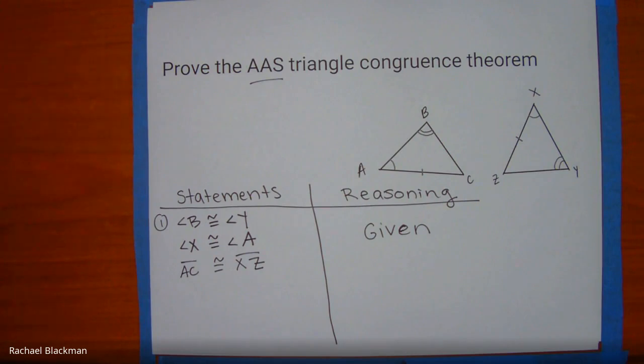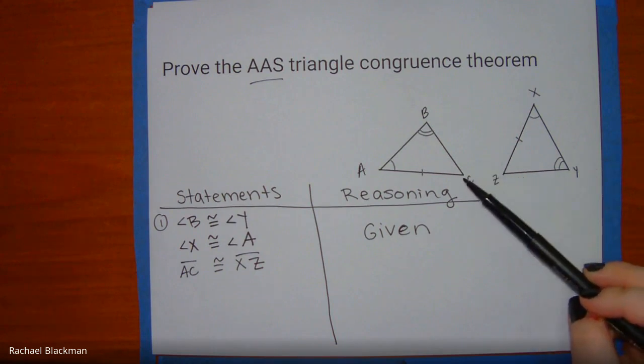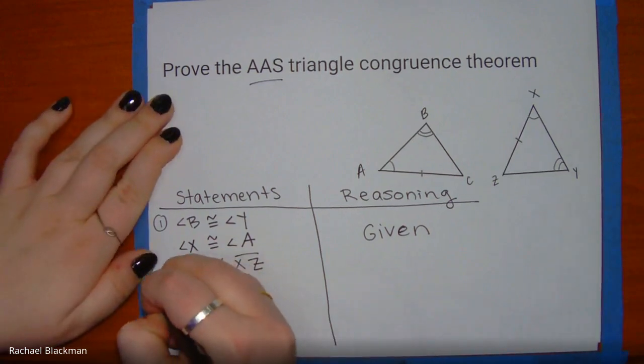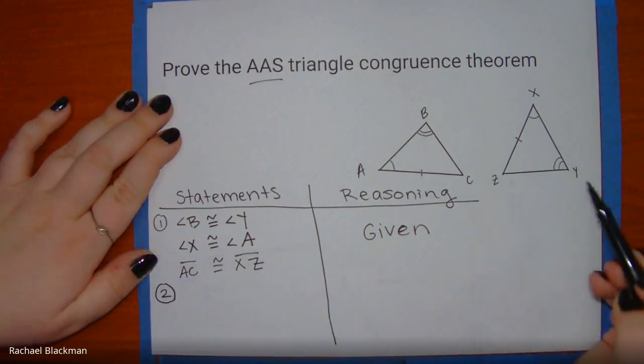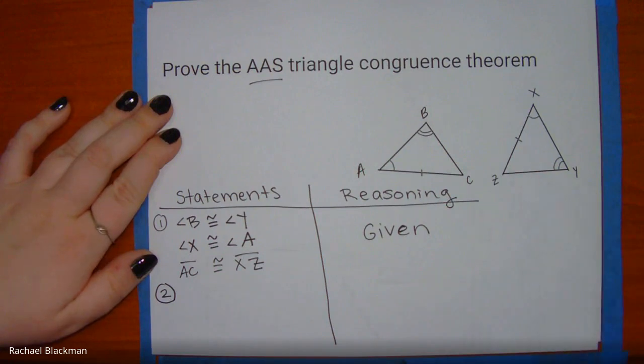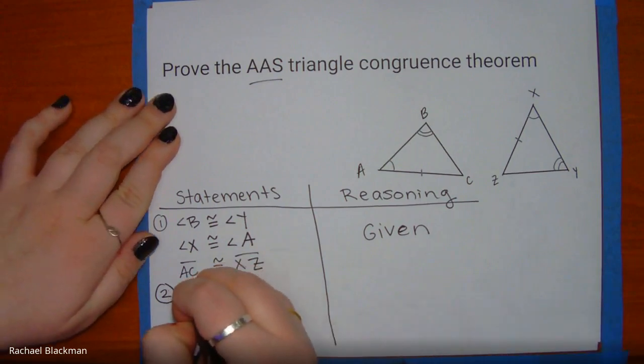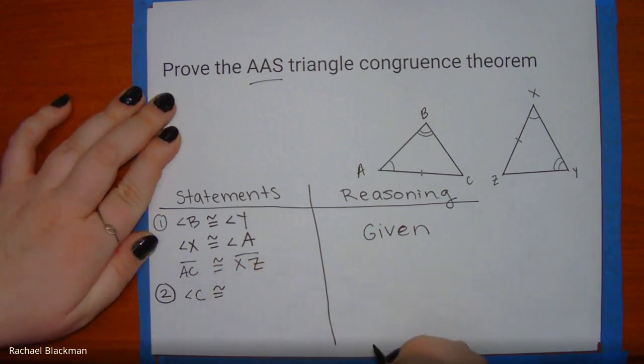What about another pair of angles? What about angle Z and angle C? Anna Karen says those two. Yeah. Does anyone know the reasoning why we can say angle C and angle Z are congruent? What was that?